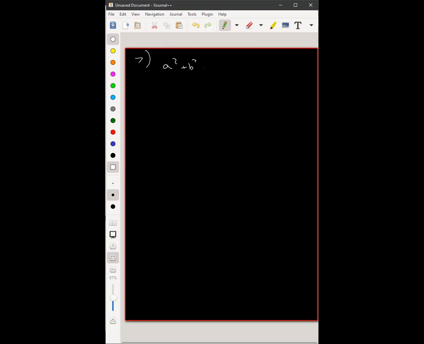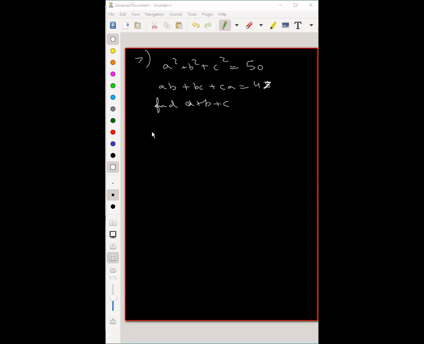a squared plus b squared plus c squared is equal to 50. ab plus bc plus ca is equal to 47. Find a plus b plus c. Sarah, what happened? We did this question yesterday. What will be the relationship between this and this?